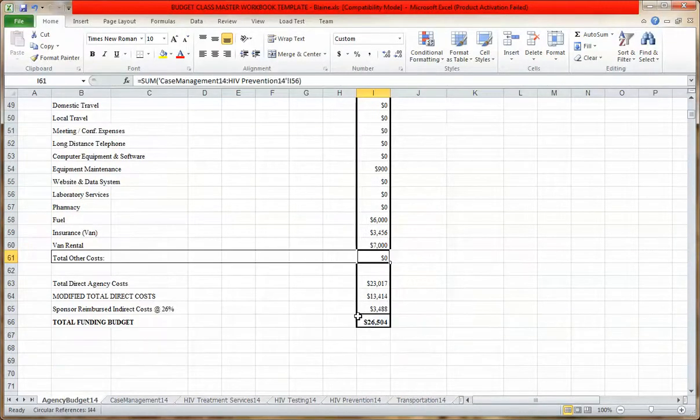And on the agency budget at the very end, as you can see, it's taking this total here, which you can see from the different pages. It's taking this total and multiplying it times the indirect rate of 26%, so that we can get the amount that we get to add into our budget that has no justification.